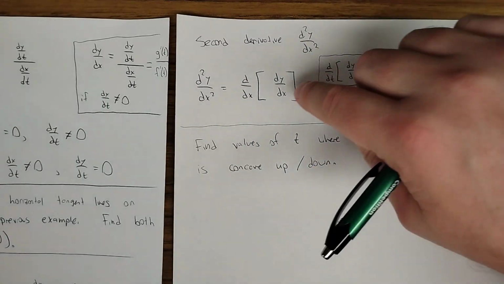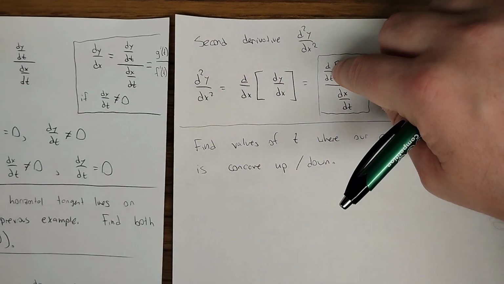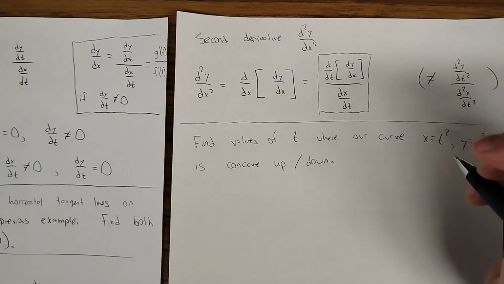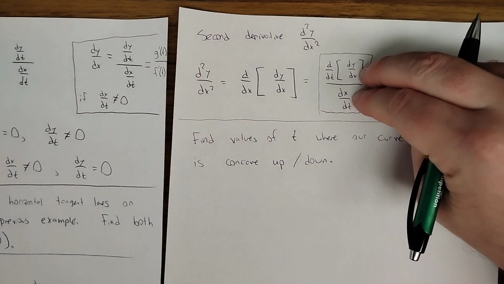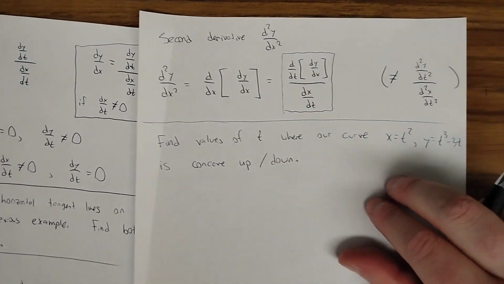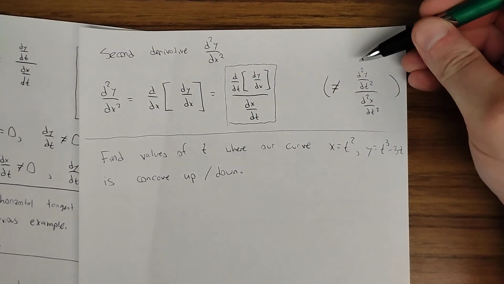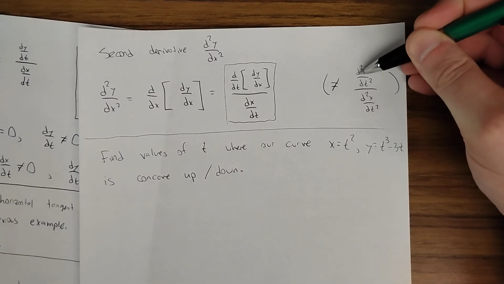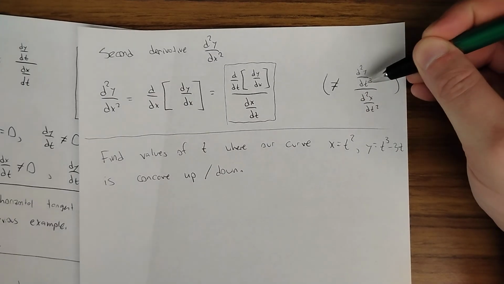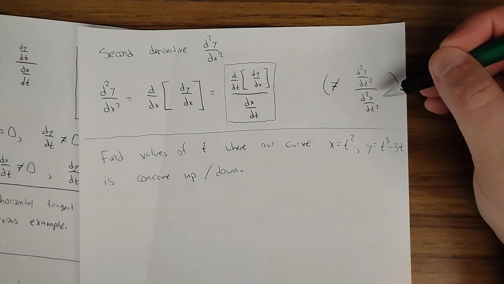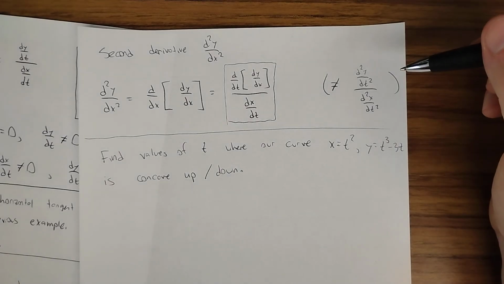So I do the derivative of it with respect to t, and I divide by the derivative of x with respect to t. And I end up with this. It is not the same as what one might guess. The easy guess would be to take the second derivative of y with respect to t and divide it by the second derivative of x with respect to t. It's not the same thing.